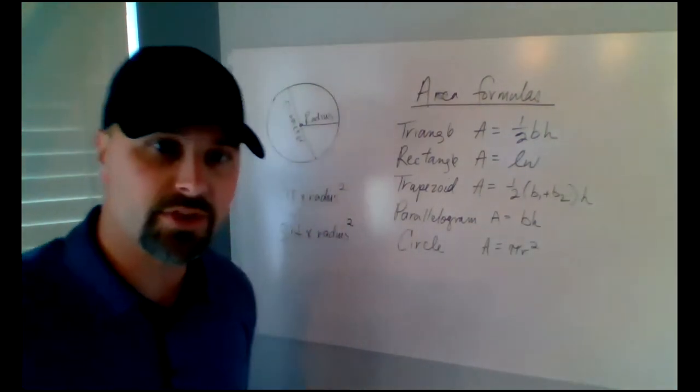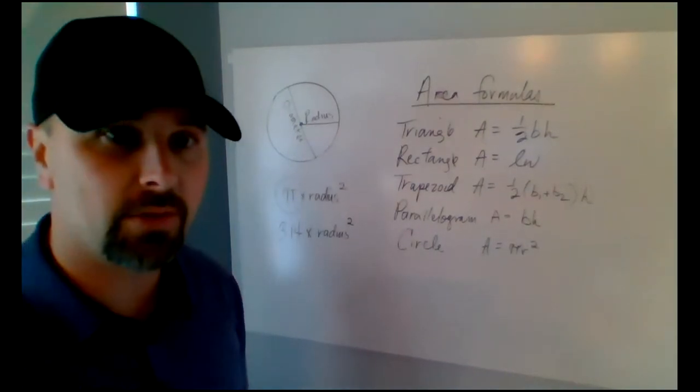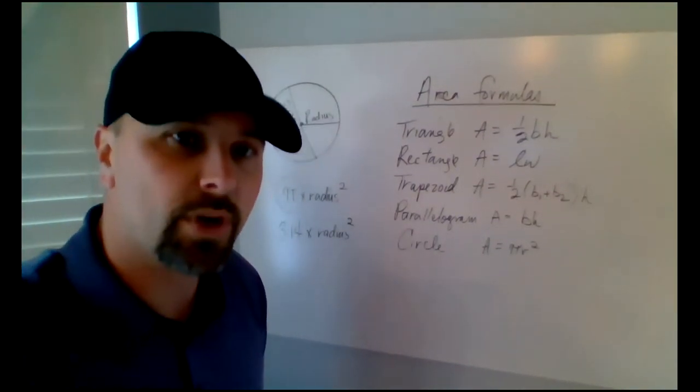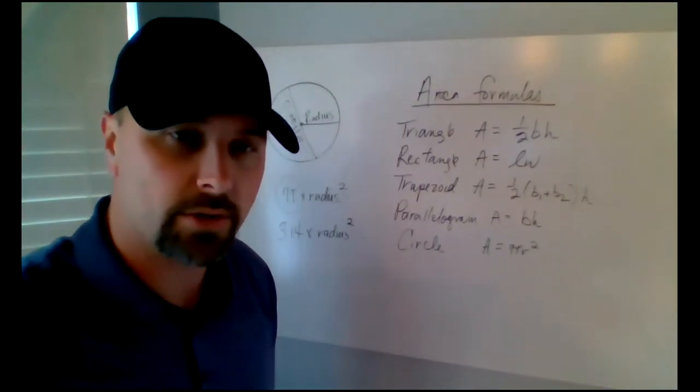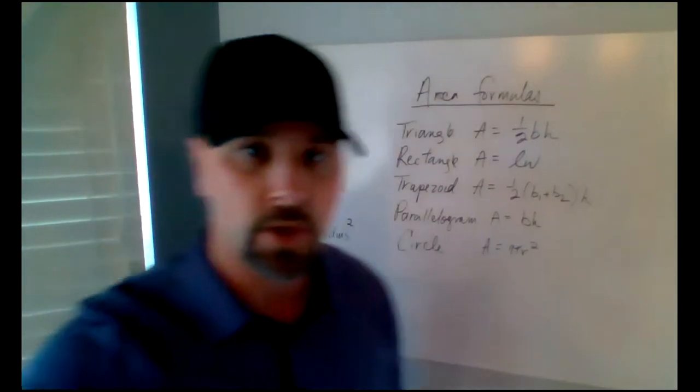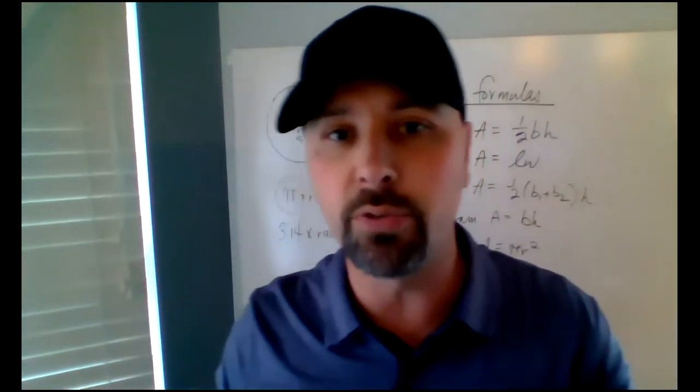So when you're going to find the area of a circle, you just multiply pi, 3.14, times whatever the radius is squared. Okay. So again, use your formula sheet and work through some of these worksheets.